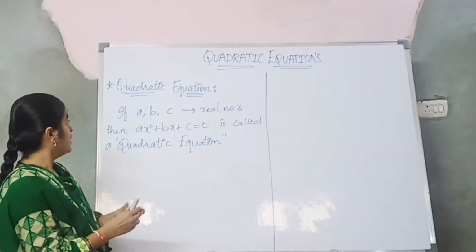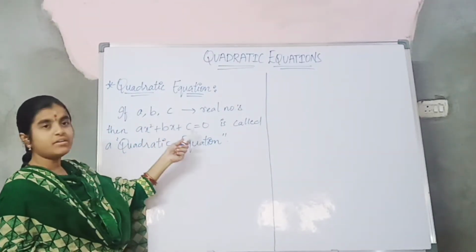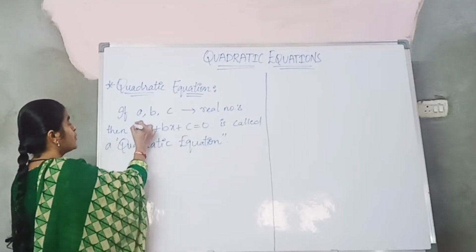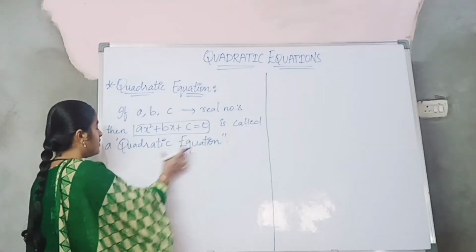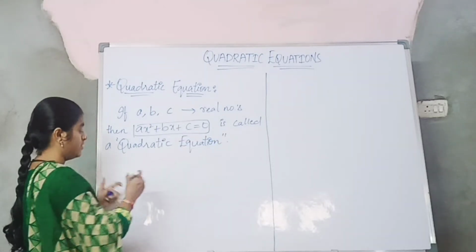So here, if a, b, c are real numbers, then ax square plus bx plus c equals to 0 is called a quadratic equation.